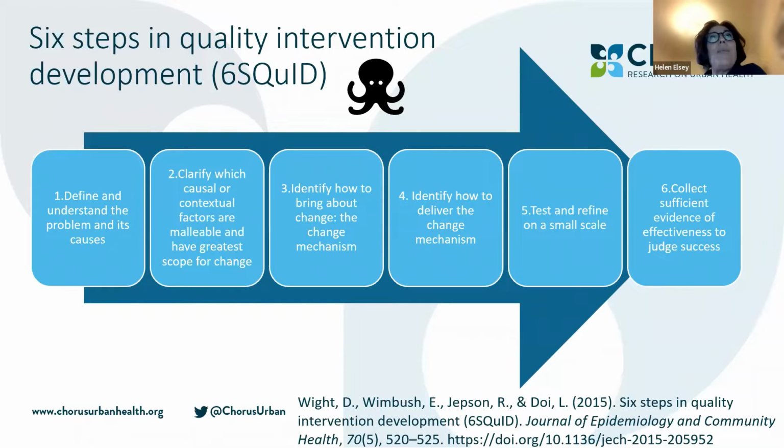So the first framework I wanted to share is one many of you may be familiar with. There are quite a lot of frameworks that talk about intervention development and how to do it. I've just picked this one, mainly because I find it quite straightforward, and it fits with our CHORUS stages. It's called the 6 steps in quality intervention development.